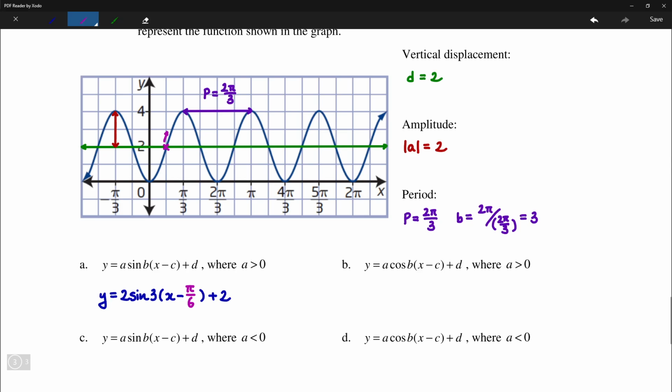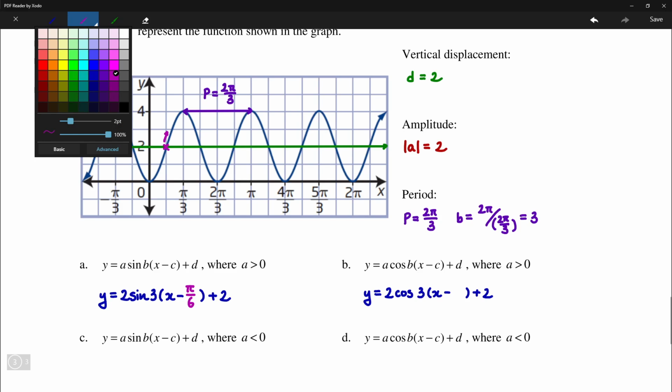Next up, we have the positive cosine function. So kind of similar in some ways, because we again have A equal to 2. We have cosine. The b value is still 3. Again, we have x minus c, and then plus 2. So what we need to know about the cosine function is that it starts at the maximum and then moves downwards.